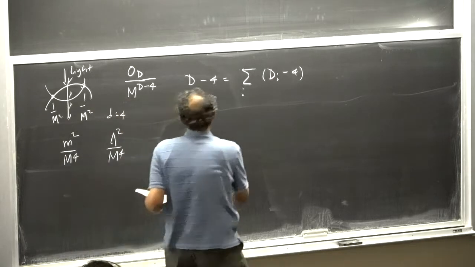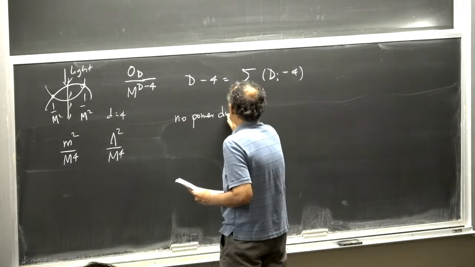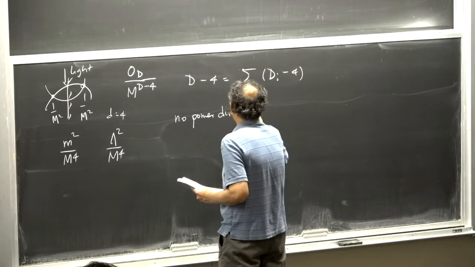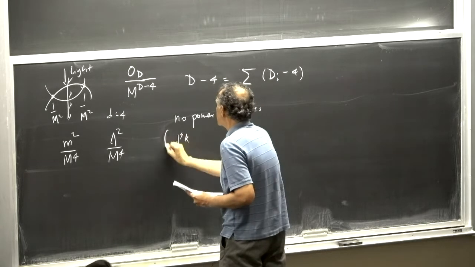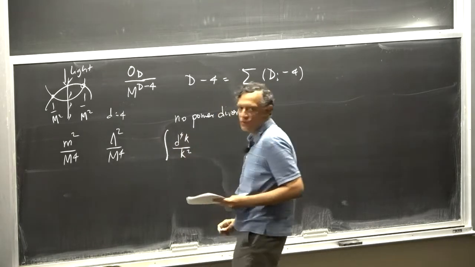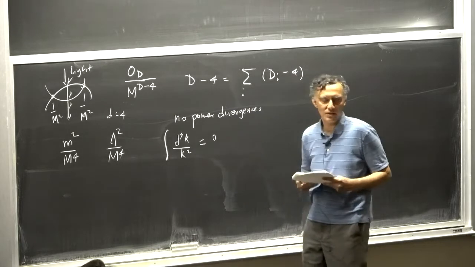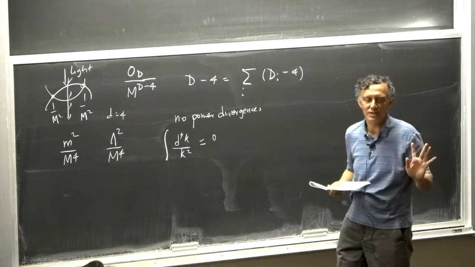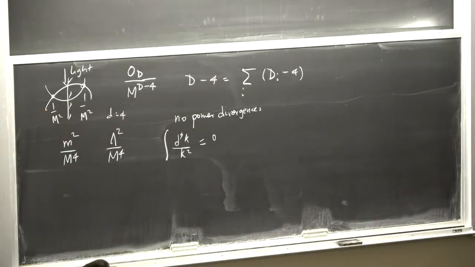But there are no power divergences. If I have an integral like d^4k over k squared, which is quadratically divergent, in dim-reg that's just 0. The only divergences you get are log divergences.